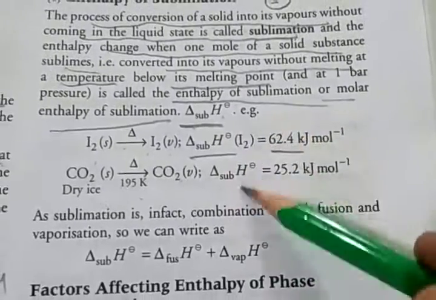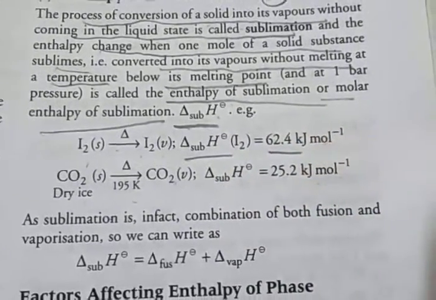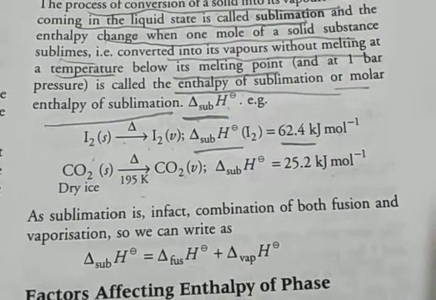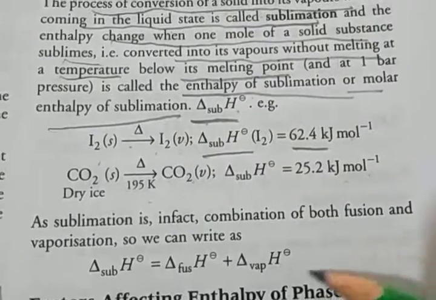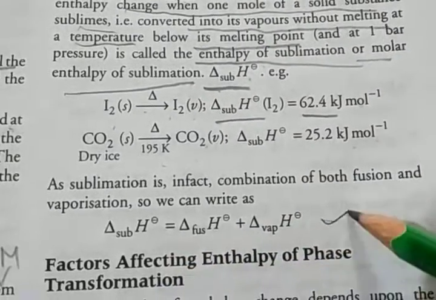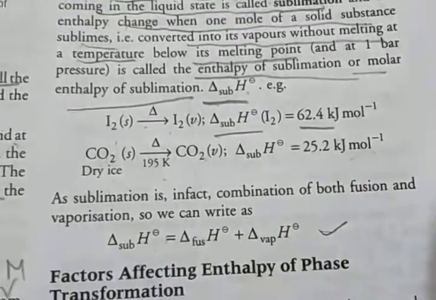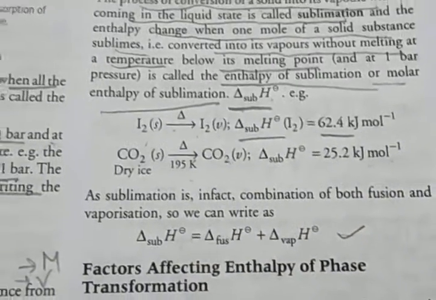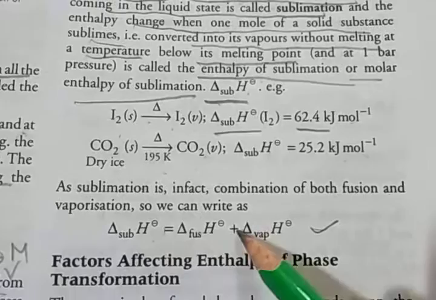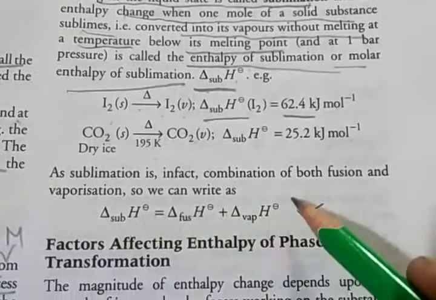Sublimation is in fact a combination of fusion and then vaporization. So we can write by this formula: delta sublimation enthalpy is equal to delta fusion enthalpy plus delta vaporization enthalpy.